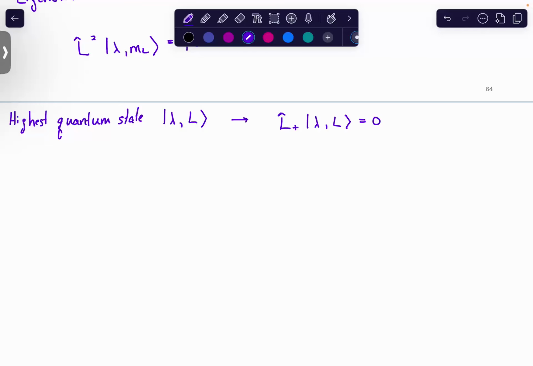All right, let's see here. Okay, so now we're going to take our operators. And we're going to use this highest quantum state. And then we just solve for this.